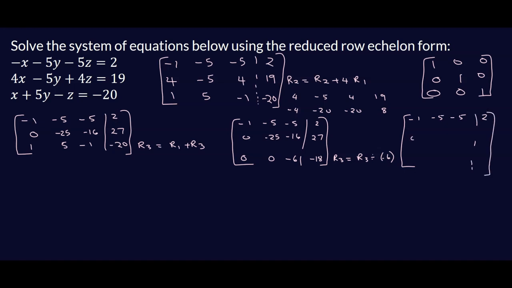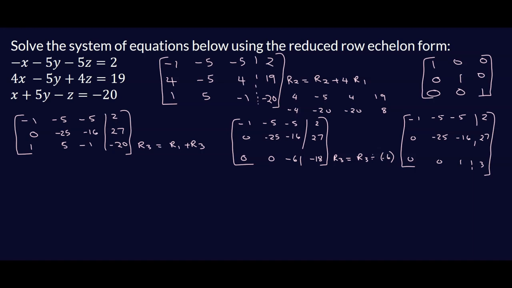And then we have 0, -25, -16, and then we have 27. Then we have 0, 0, 1, and then 3. So you can see here that we've made some progress on these zeros on the left-hand side. So now let's go to the right-hand side.